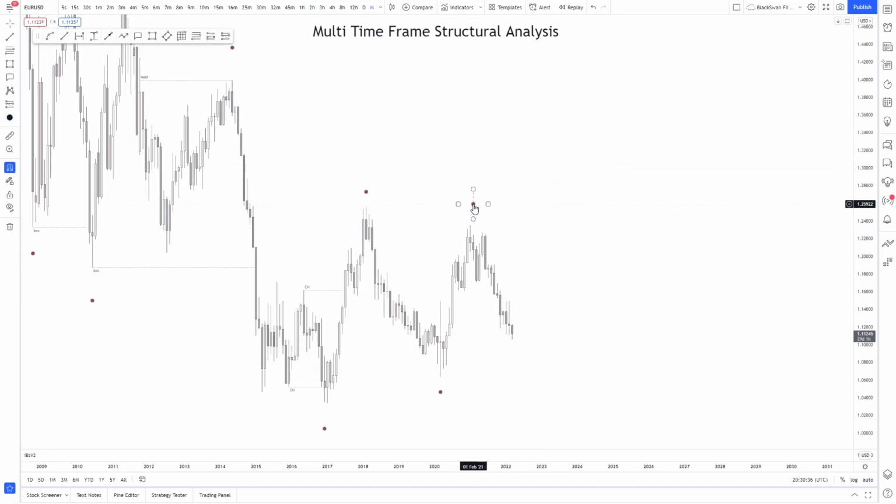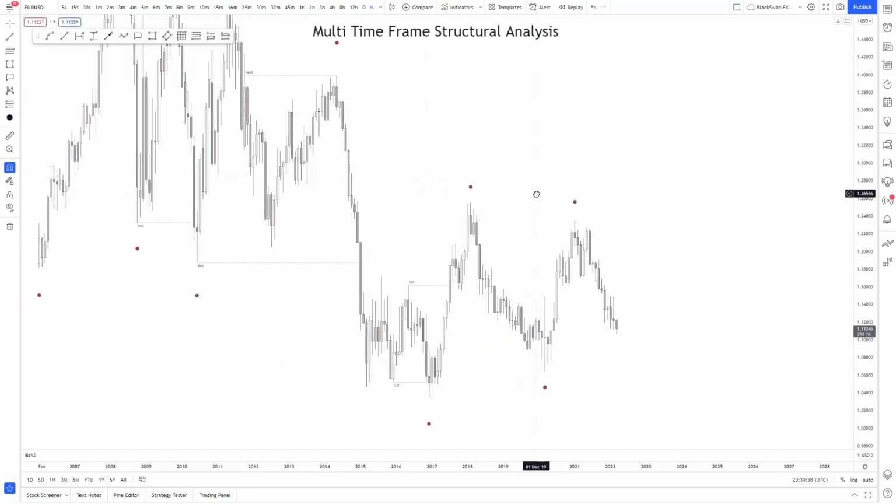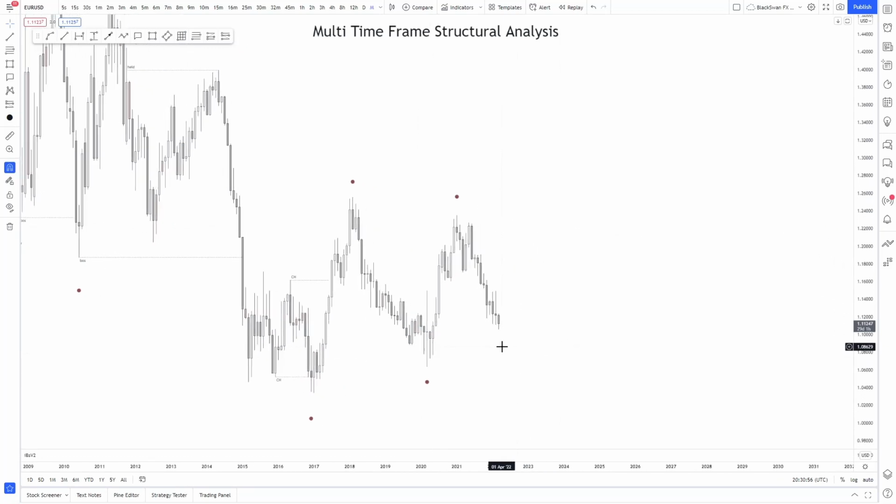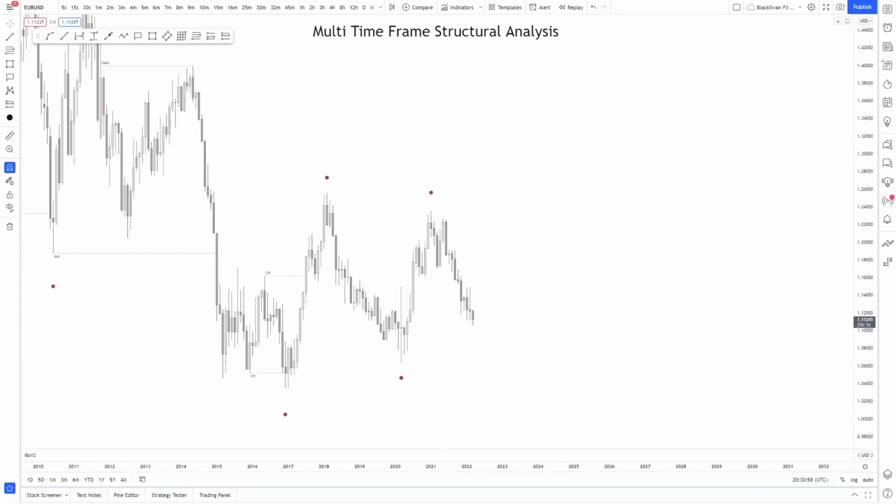So what's weak in this situation here? This low is weak, but this high is also weak as well. So in these situations, we have to let price play out and really show us where it wants to go, because several things can happen here.